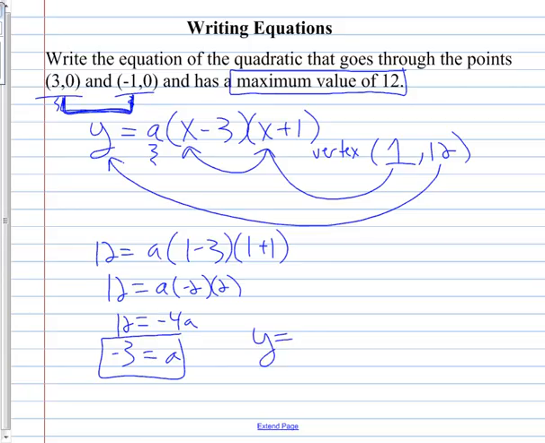So the equation that would fit this information would be y equals negative 3(x minus 3)(x plus 1). So again, you want to think about what information is given and what form would best take that information in and be able to find the a value.